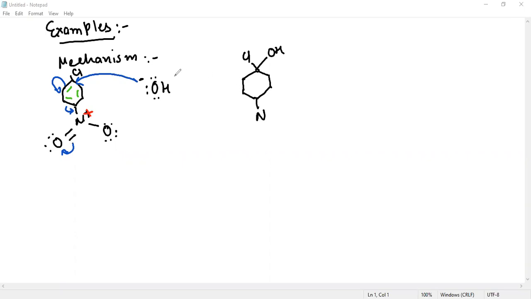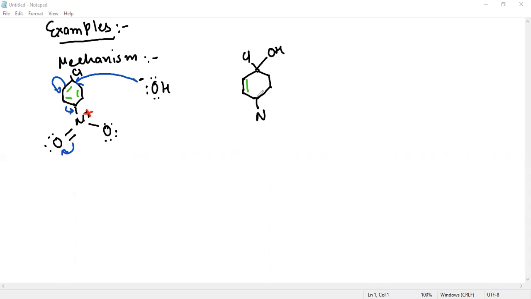So let's go ahead and draw this. This one would move here, and there's a bond here, and this one moved here, compensating this positive charge.